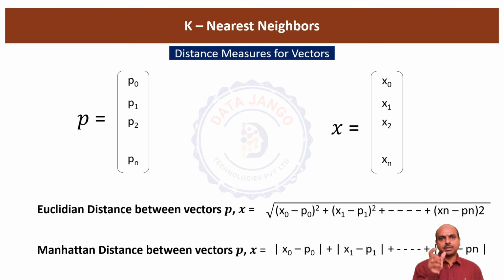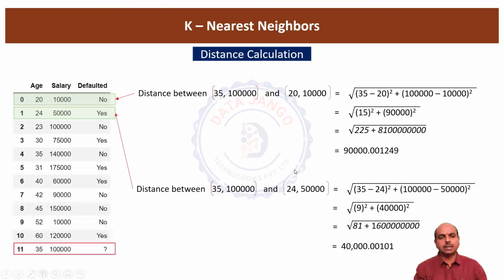So we need to capture the magnitude of the distance. We square it, sum it, and to nullify that squaring effect, we apply the square root. So that is the Euclidean distance formula. Similarly, Manhattan also takes the absolute value. Whether you get negative or positive, it takes the positive and sums it up. That way you get the magnitude of the distance. Okay, so this is how it is calculating the distances.